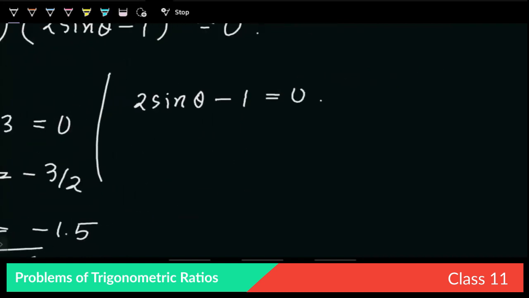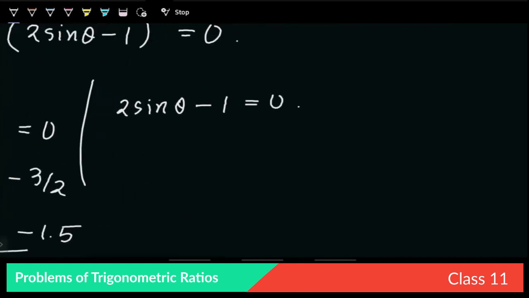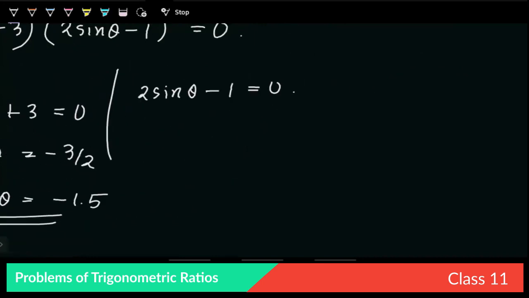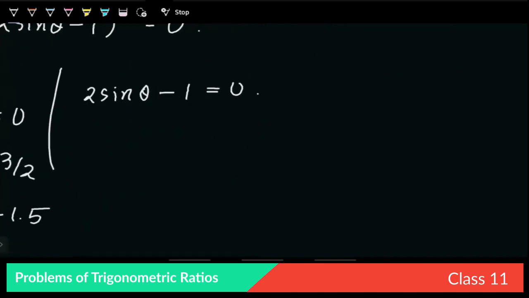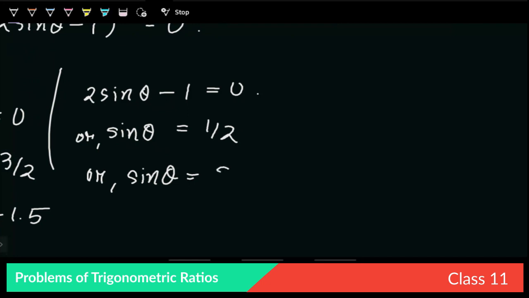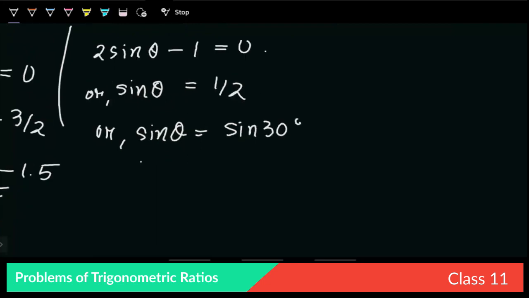So we are left with only 2 sine theta minus 1 equals 0. Here the value of sine theta will be equal to half. Half can be written as sine of which angle? It is sine 30 degree. So theta equals 30 degree.